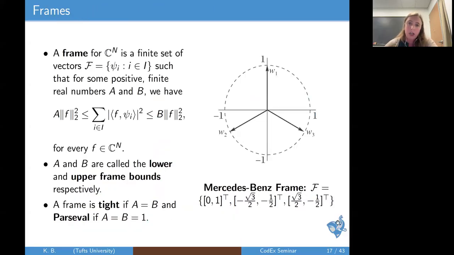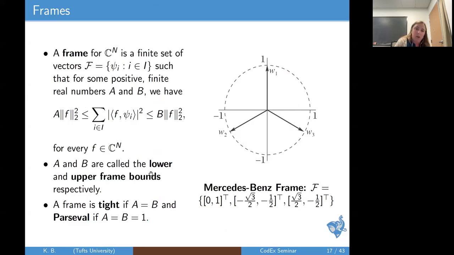And moving on, we need a little bit of background on frames as well. Hopefully many of you are familiar with this, but I will remind you again. Our frame, I'm just going to be looking at C^n, is a finite set of vectors where we have positive finite real numbers A and B, where we have this inequality.